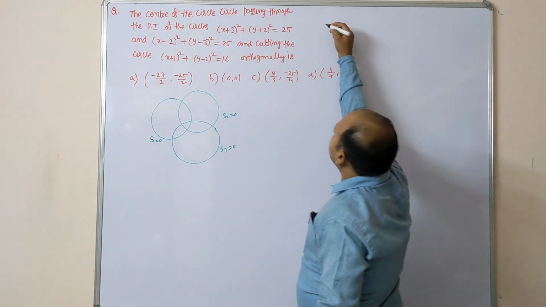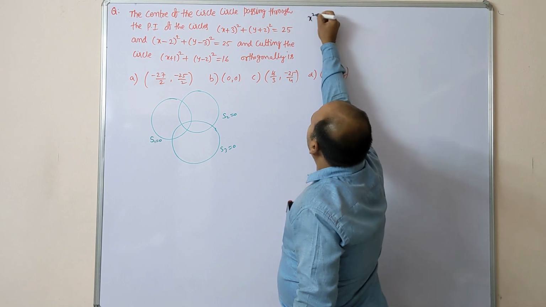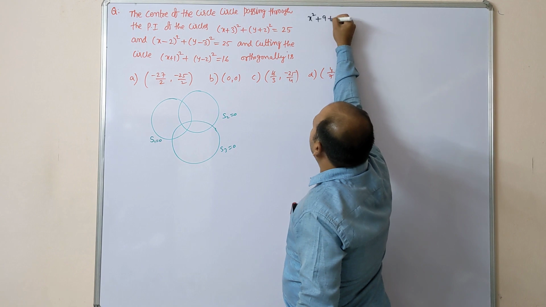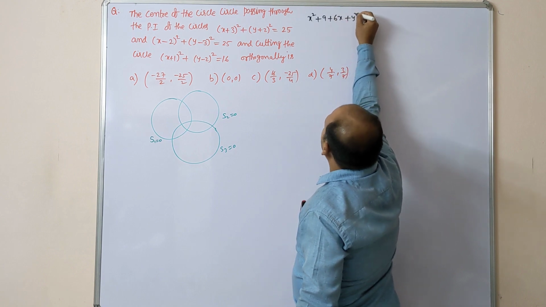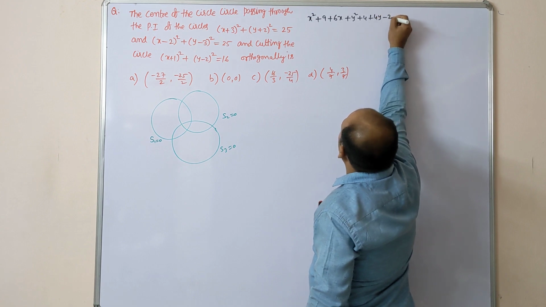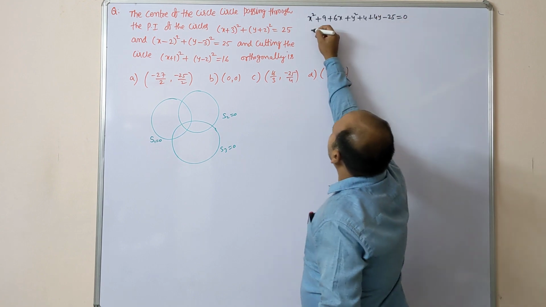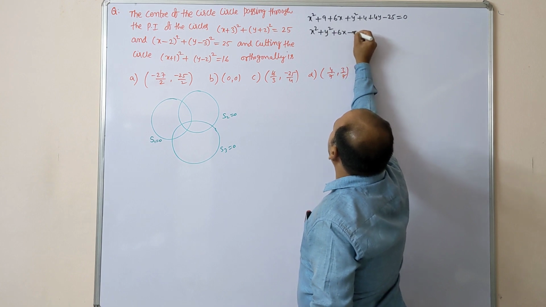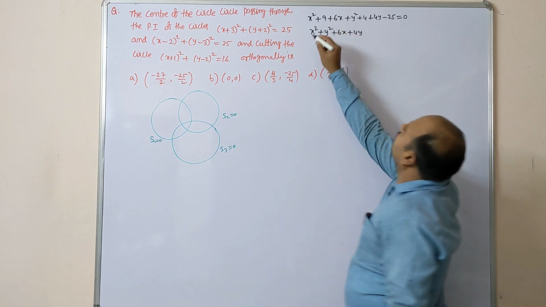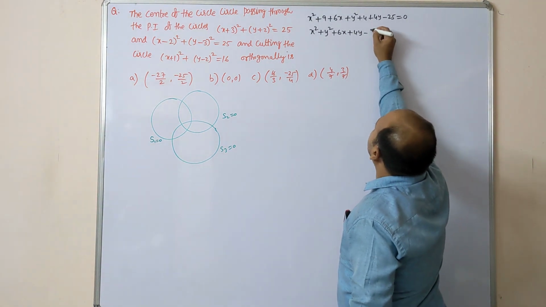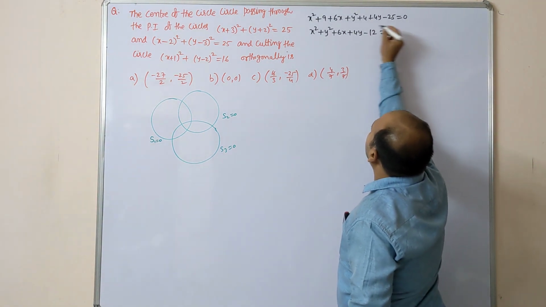So what happens? The first circle: x square plus 9 plus 6x, y square plus 4 plus 4y minus 25 equal to 0. So x square plus y square plus 6x plus 4y, 9 plus 4 is 13, minus 25, so minus 12 equal to 0.